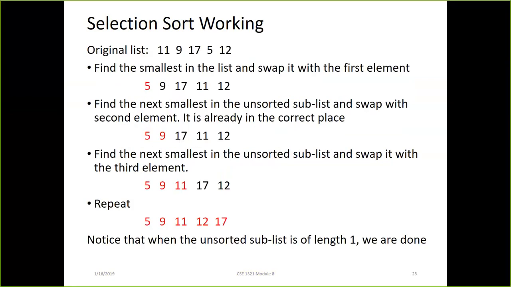And there is another algorithm, the selection sort algorithm. In selection sort, if you want to do an ascending order, you will go through all of the elements and get the smallest element, and then you will put the smallest element in the first place.